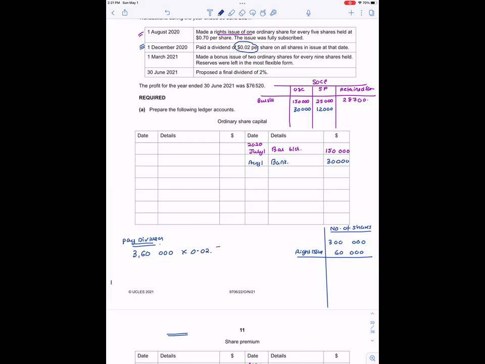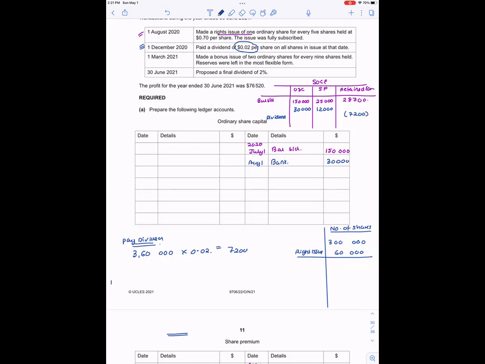So how much dividend am I going to pay? 7,200. You pay dividend out of where? Retained earnings. So you will subtract it from retained earnings.